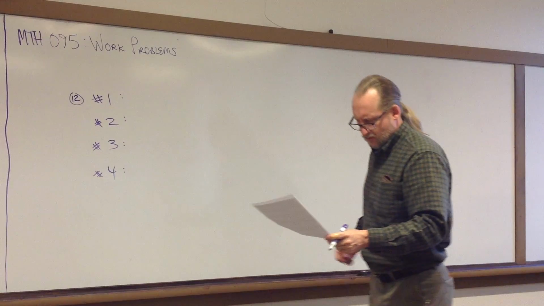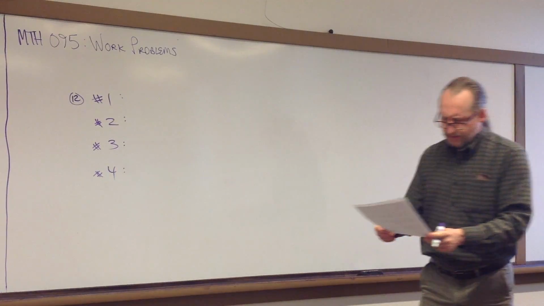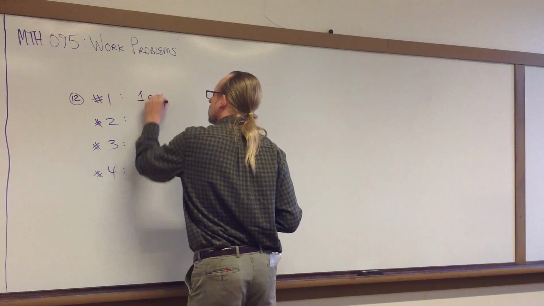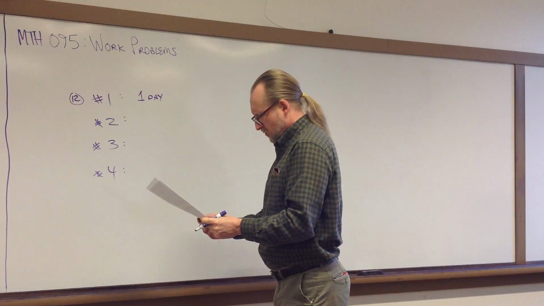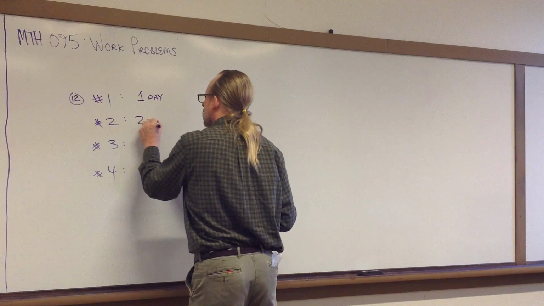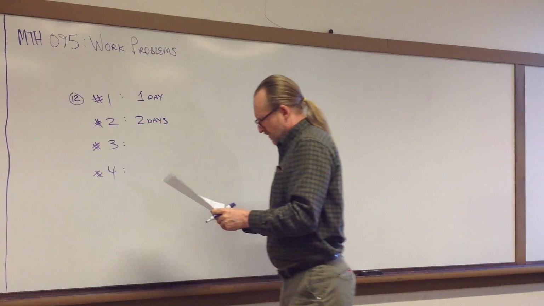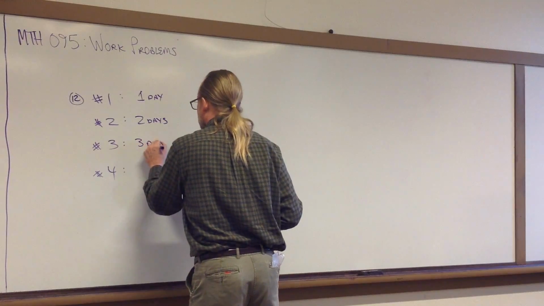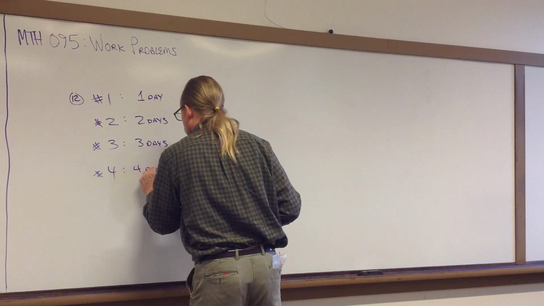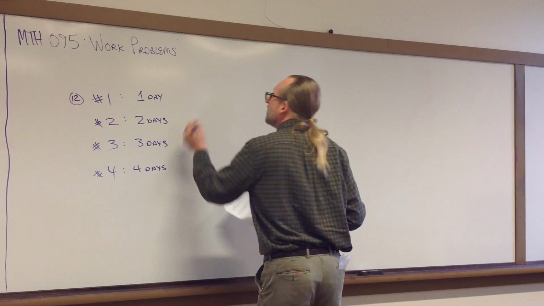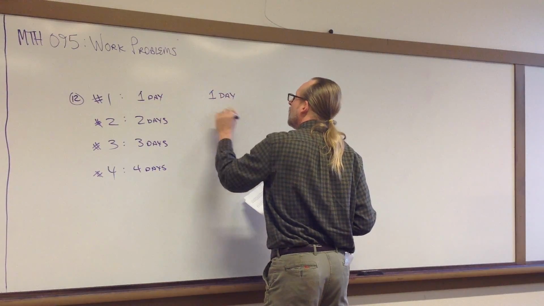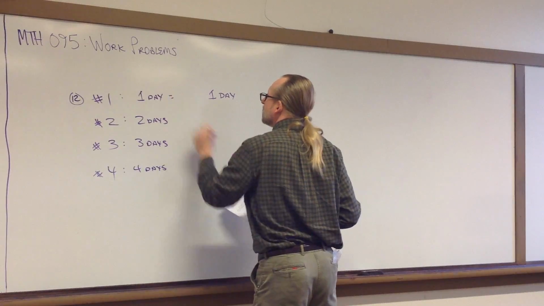One can fill the tank in 1 day. Two takes 2 days. The third one takes 3 days, and the fourth one takes 4 days. Okay, well, that makes it easy. But what this is saying is that the first one will complete the whole job in 1 day.